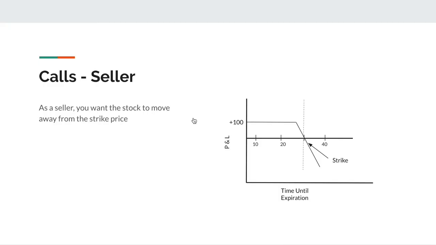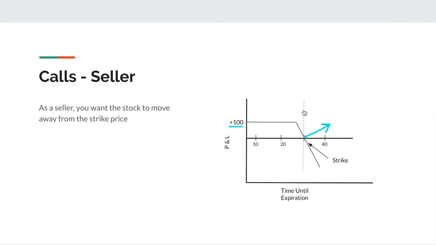The buyer of a call option is hoping that the stock closes above the strike price. That way they can actually make money on this call option. The seller does not want to give back his credit. So when you first open a call option as a seller, you'll receive, in this example, a $100 credit.